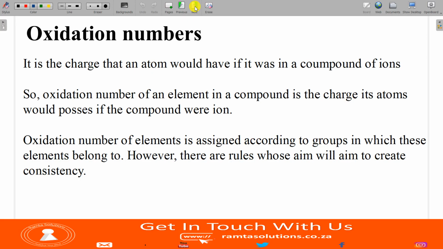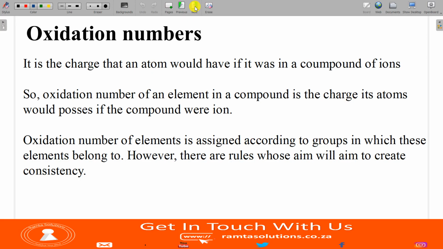Now, it seems that it is easy to assign oxidation numbers, because remember, it is basically the charge the atoms would possess if the compound were ions.